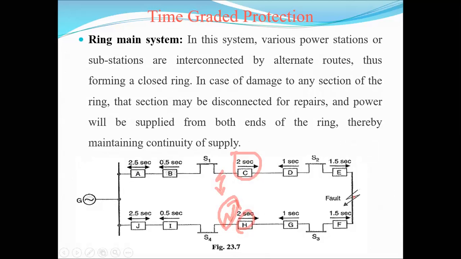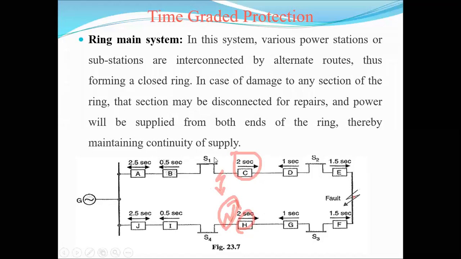Because at each substation, reverse power or directional relays should be placed. At each and every substation we are using directional relays at both incoming and outgoing sides. That is, B, C, D, E, F, G, H and I are the directional relays, and only A and J are the non-directional relays.